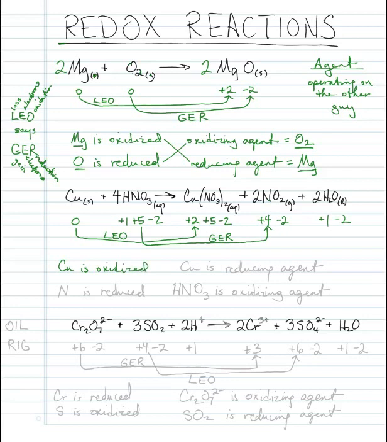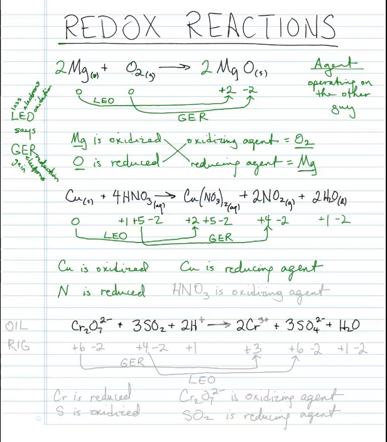And what else could we say about copper? We could say that copper is the reducing agent. As soon as we figure out that copper is oxidized, we automatically can say that copper is the reducing agent. It's the opposite. It's doing the opposite thing to the other guy. Now we would say that nitrogen is reduced.